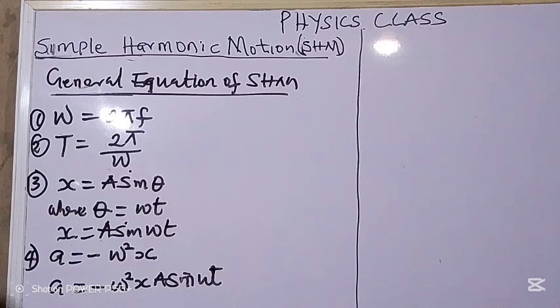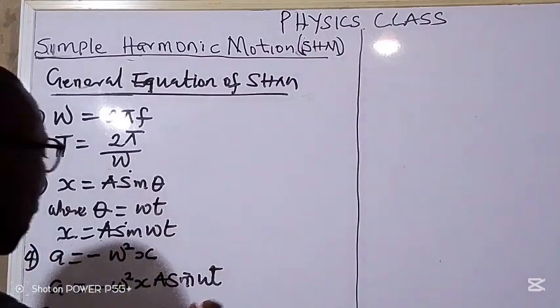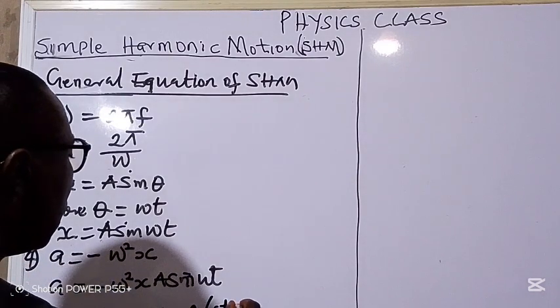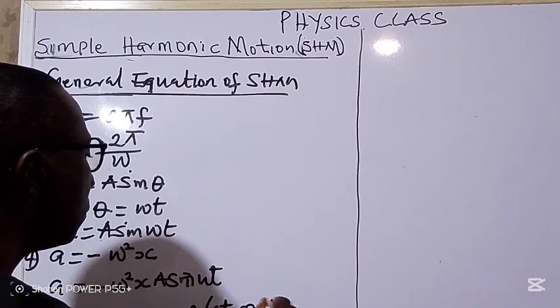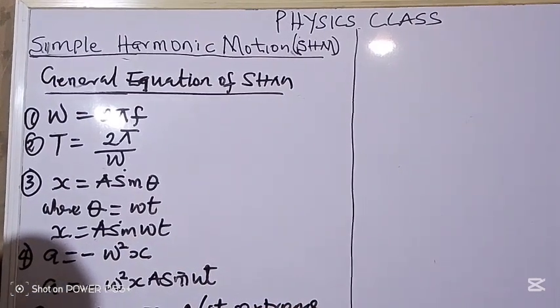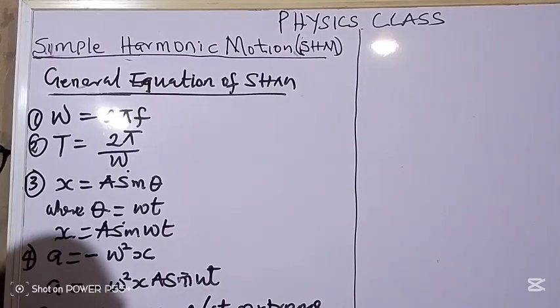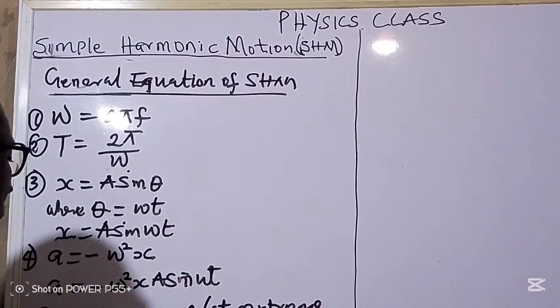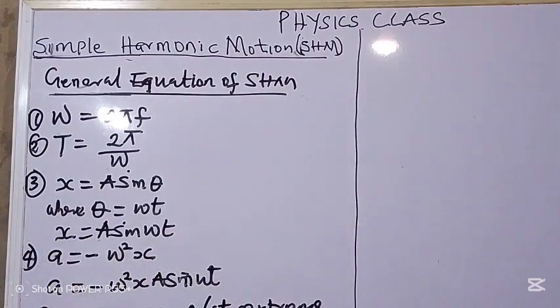And we said acceleration will be maximum when s is equal to a, and this will occur at the extreme point of the motion, or at the end point of the motion.